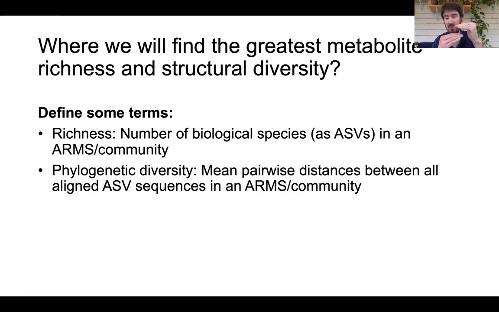So we line two of them up at random, how similar are they, get a value for that, throw them out, do the next one, do the next one, do the next one. You can come up with then a mean or an average for an entire sample of what is the average difference between sequences. And the idea there is that that gives you a sense of phylogenetic diversity. The lower the mean value, the greater diversity of organisms you have across the tree of life.